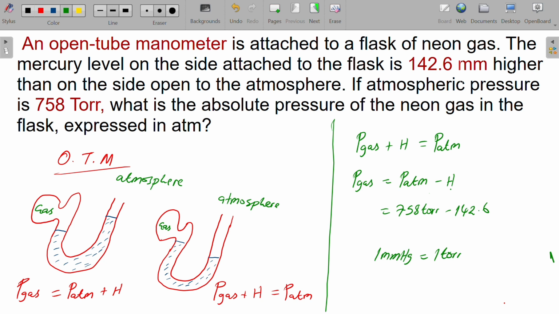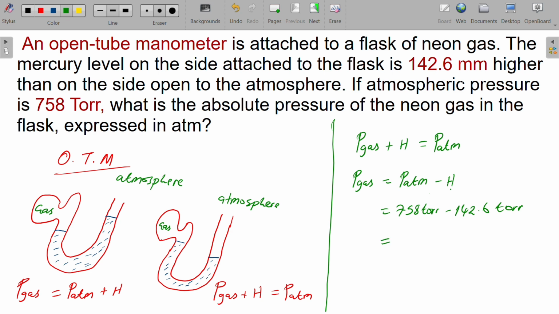So we can put our units here as torrs instead. Remember, we can't do mathematics using different units, so the units need to match. But here, we don't need to convert anything because 1 millimeter of mercury is equal to 1 torr. So we'll just say we have 142.6 torrs, and that matches with the unit we are given earlier on.